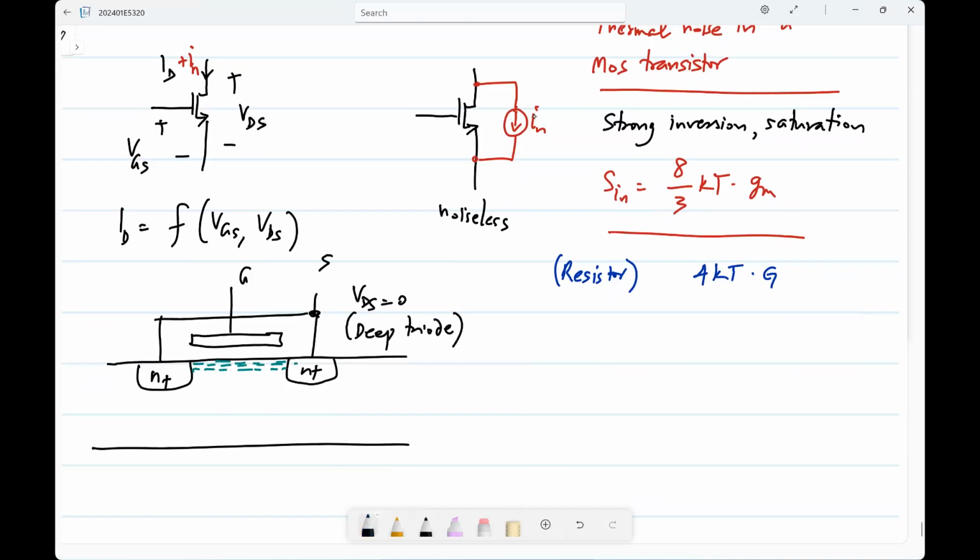So here also you can express the noise current as a current source in parallel. Can you guess the spectral density of this noise current? Given that we already said it is similar to a resistor, what is it? 4 kT times what? GM. What is the GM of the transistor when VDS is 0? What is the expression for current in the triode region?